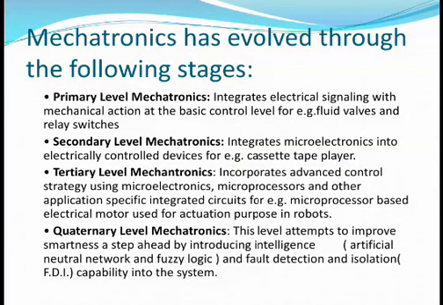So in the quaternary level, we are providing artificial intelligence to the system, where it can make smart decisions with the help of internal fuzzy logic and neural network, and it can even detect the faults itself and isolate them. So this is the specialty of quaternary level mechatronics.